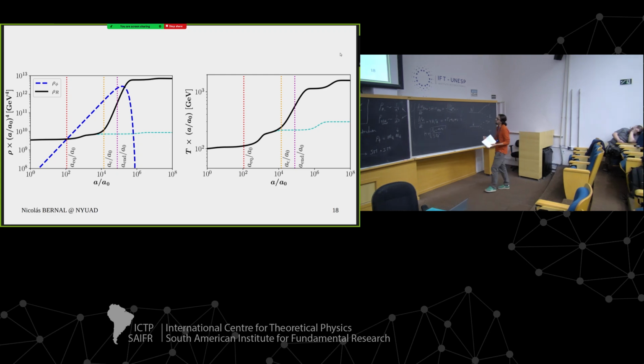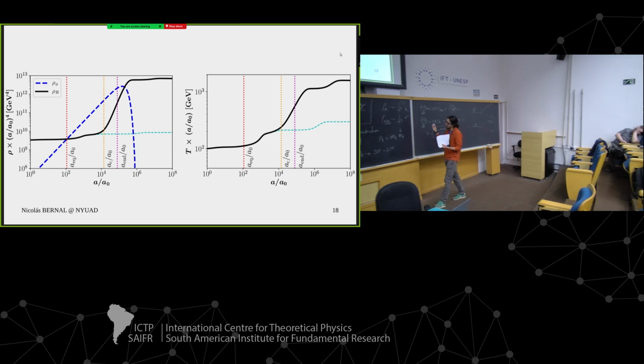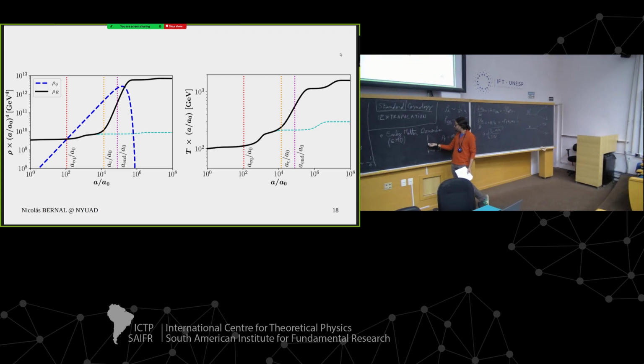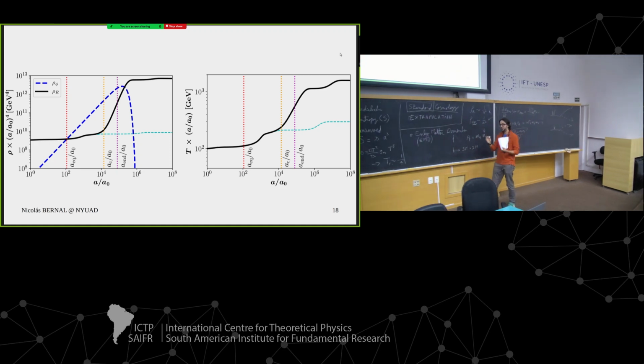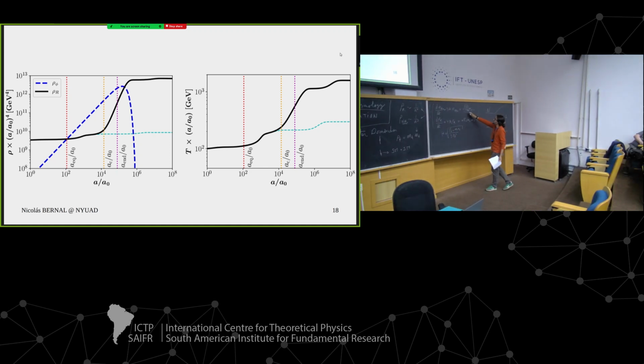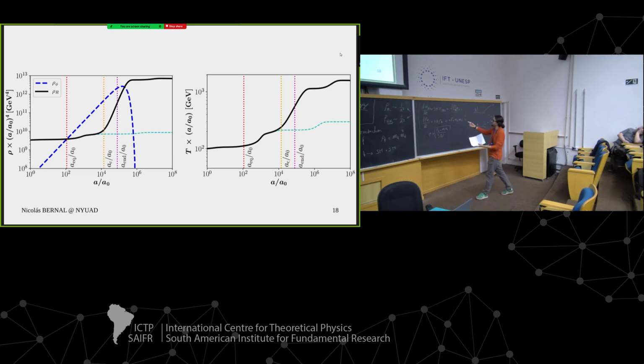You can think of a primordial black hole, to first approximation, as a particle that decays with a time-dependent decay width. So a gamma which is not a number, but a function of time, or if you want, of the temperature.